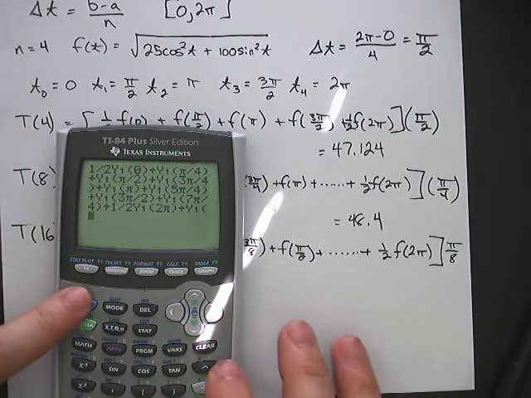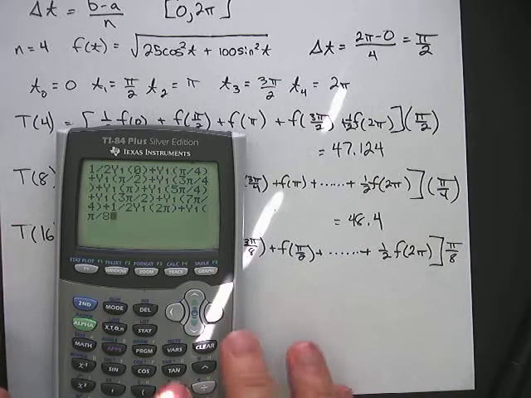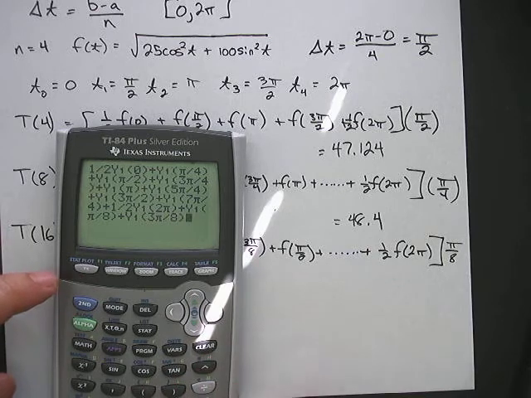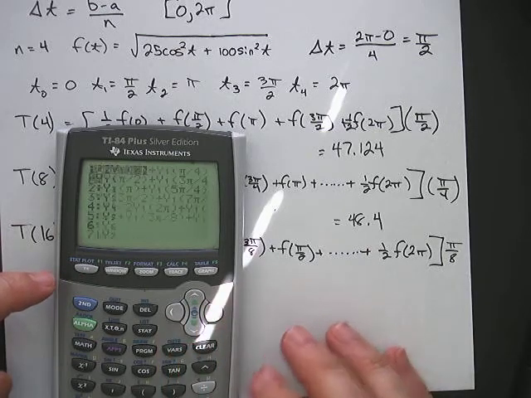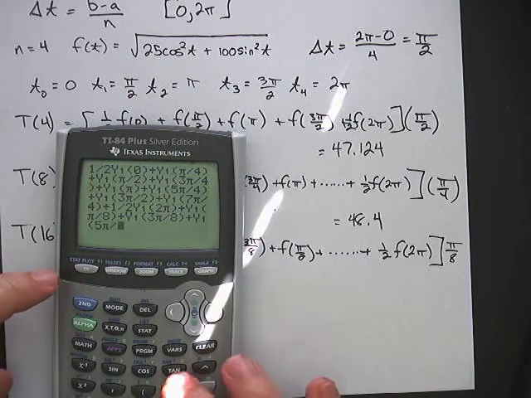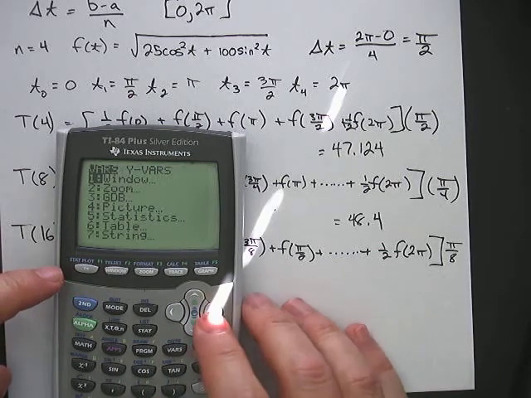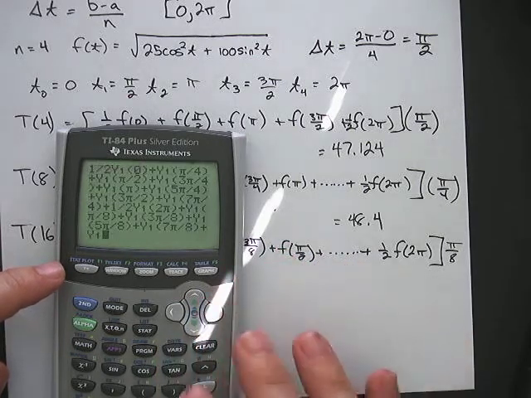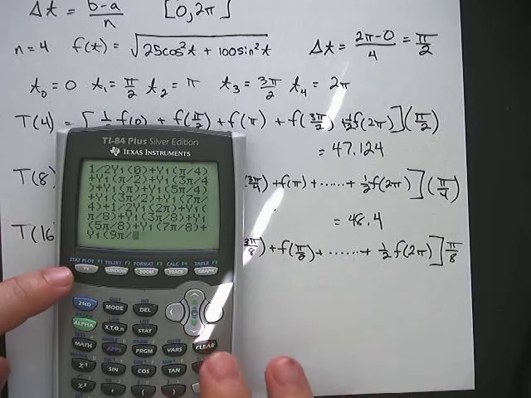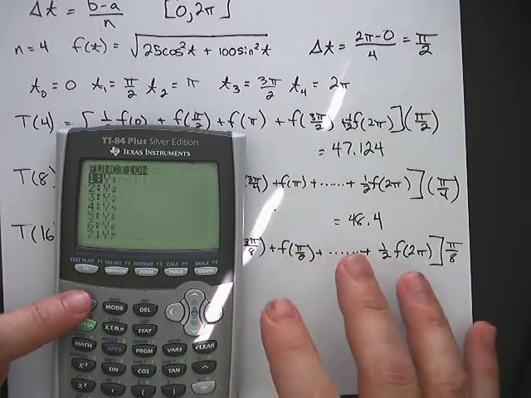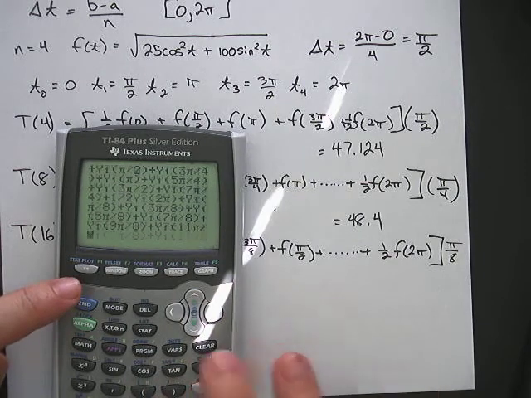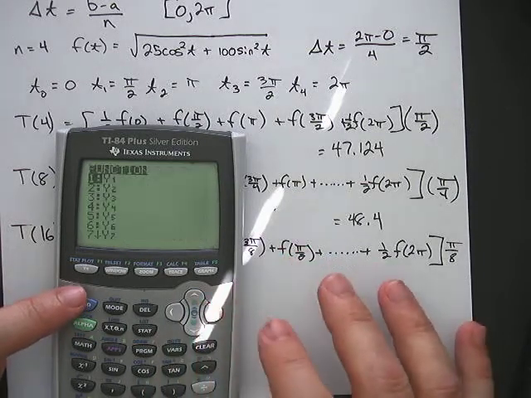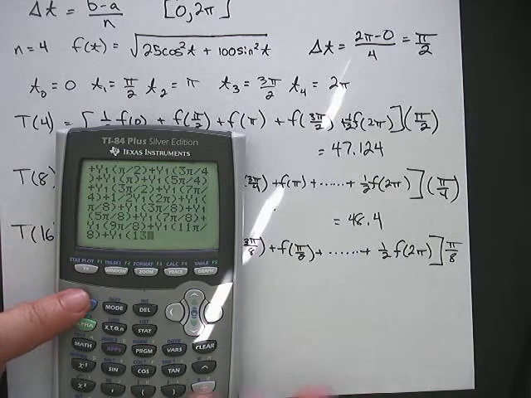Okay, so that one would be pi over 8. Three pi over 8. 5 pi over 8. 7 pi over 8. 9 pi over 8. 11 pi over 8. 13 pi over 8.